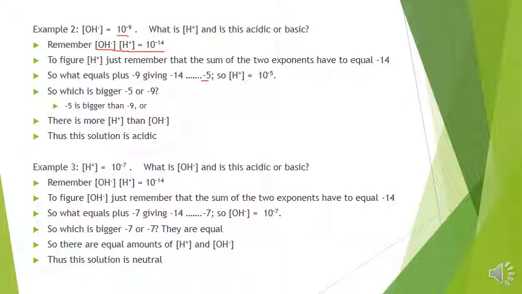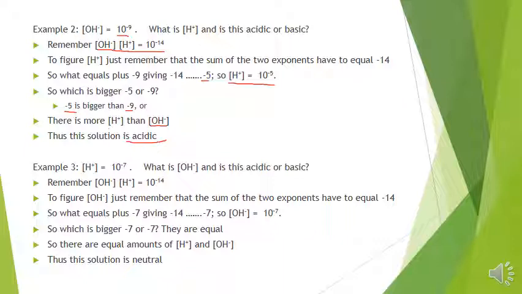It's -5. So H plus is 10 to the -5th. And what's bigger, -5 or -9? Well, -5 is bigger than -9. So there's more H plus than OH minus. This is 10 to the -5th. This is 10 to the -9th. So the solution is acidic.